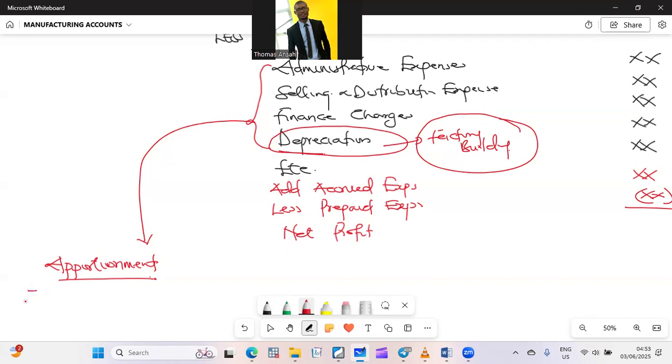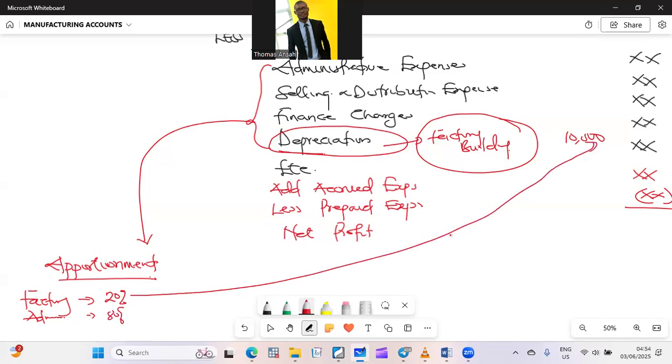So if they say the factory depreciation is, let's say, 10,000, then they say that the factory is 20% and admin is 80%. Then it means 20% of this figure, which is 2,000, you will take to indirect overheads or indirect expenses. Then the 80% will be the one that will come here in terms of your trading.